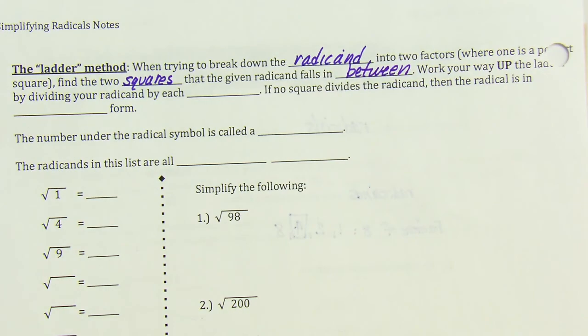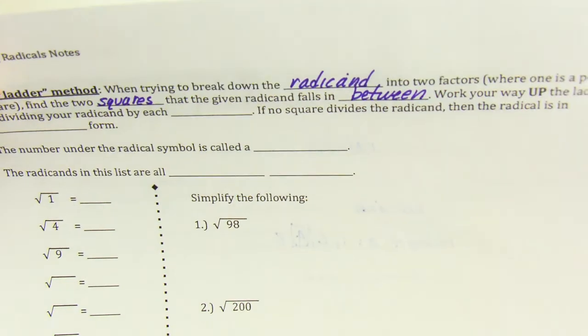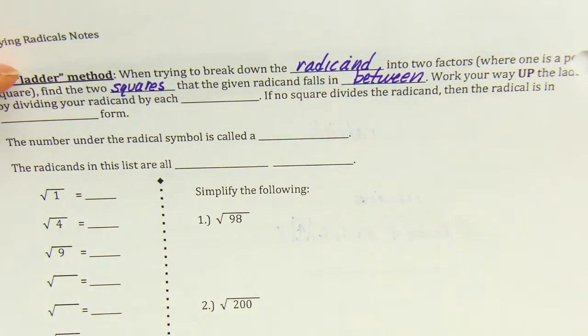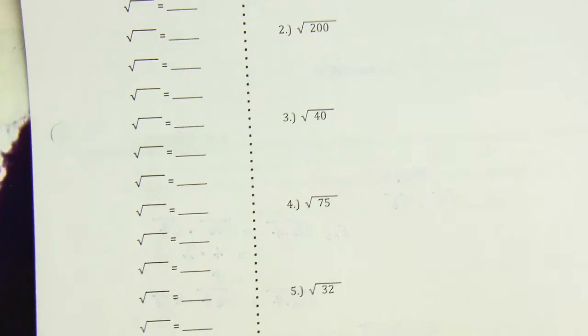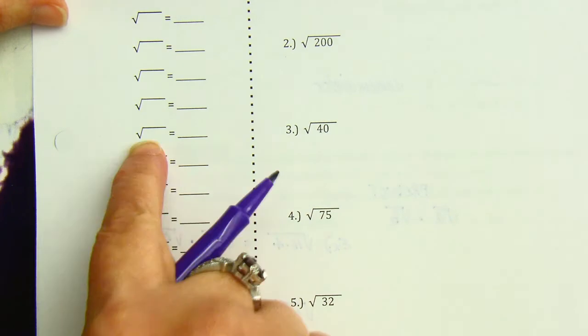So, in other words, if I look at my first example, simplify the square root of 98. Well, I'm going to look at my list, which I have to fill in. I'm going to look for what two squares in my list that 98 falls in between.